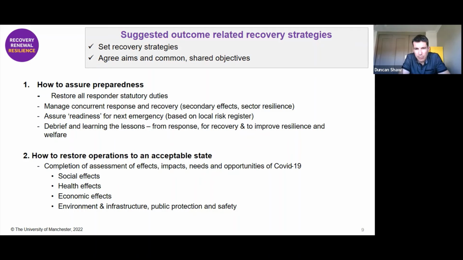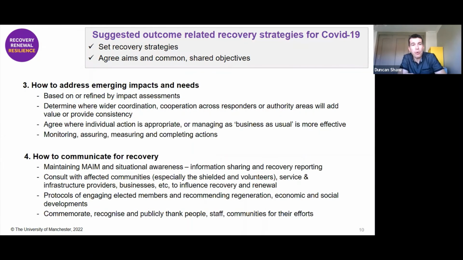But thinking about what an acceptable state actually means, and then how are we going to restore? So starting to put together some clear ideas as to where these impacts and needs have emerged, and how we can take advantage of some of the resources that we've got to start to restore operations to an acceptable level.